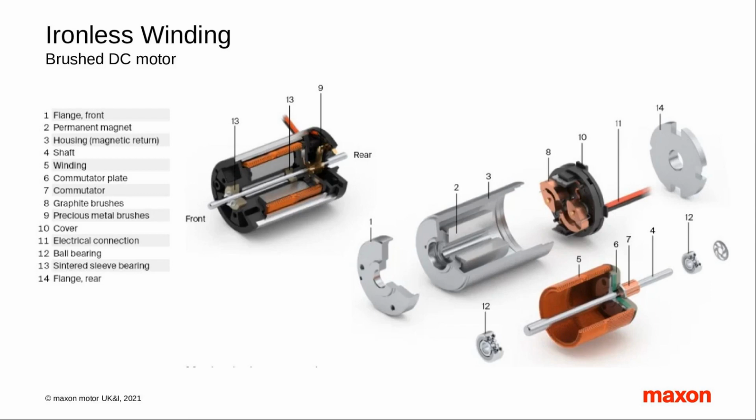And what that does is it means that all the power from the magnet goes through the winding. And what that equates to is torque. And if you have a higher level of torque from the motor, the power density is increased. So if you take one thing from this presentation, I want you to take what the ironless winding does for you.